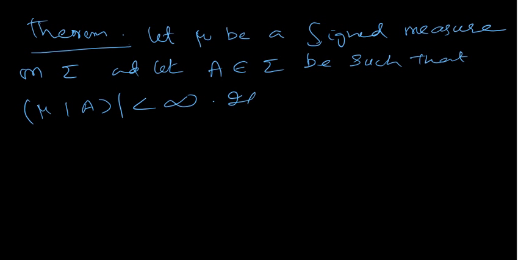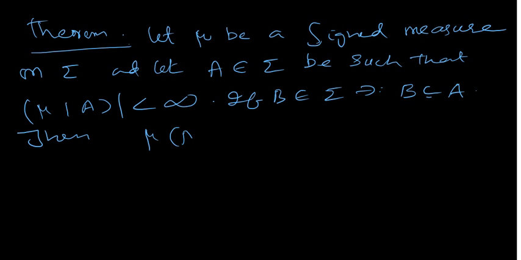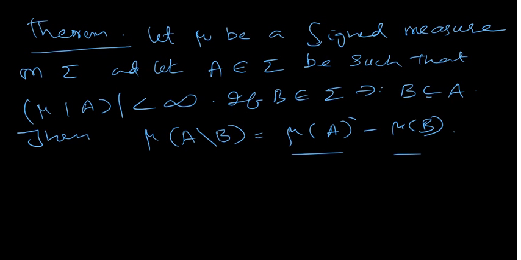If B is any member of sigma such that B is a subset of A, then the conclusion is that mu of A minus B is equal to mu of A minus mu of B. So the measure of the difference is equal to the difference of measures.